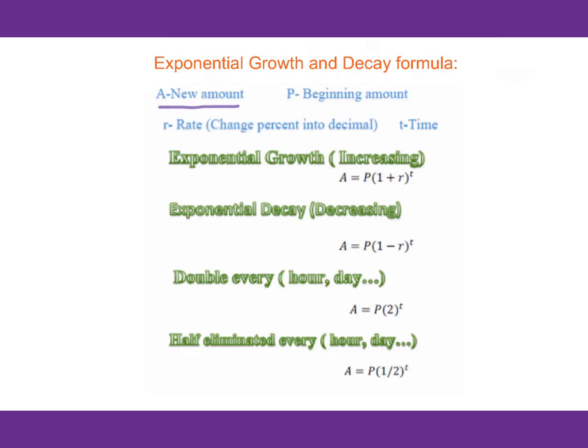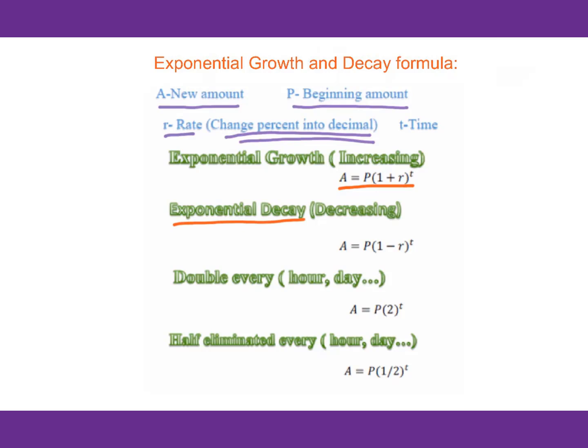And also, let's talk about exponential growth and decay formulas. A stands for new amount, P stands for beginning amount, R stands for the rate, change percent into decimal, remember this. T stands for time. For exponential growth, this will be the formula: 1 plus R to the tth power.